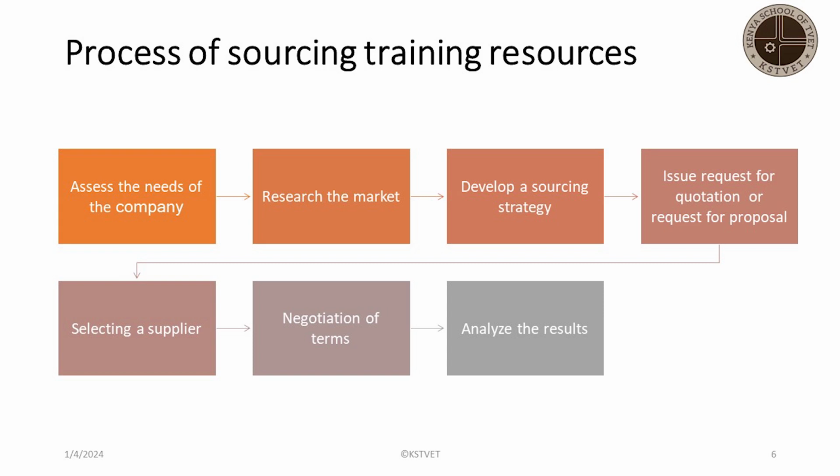Here, documents are evaluated to find out who matches the requirement. 6. Negotiation of terms with the selected supplier. And if they agree, a contract will be signed. And lastly, you need to analyze the results, where you check the performance of the supplier based on the materials or services rendered.